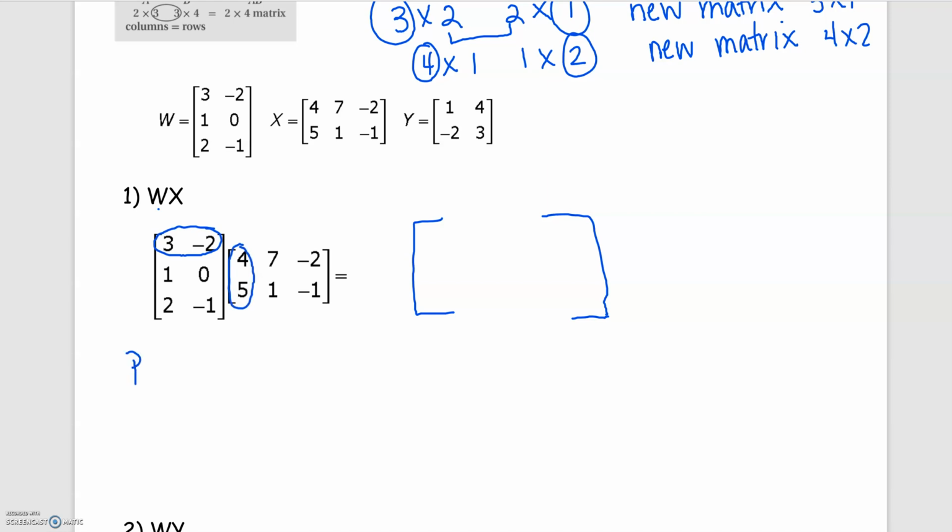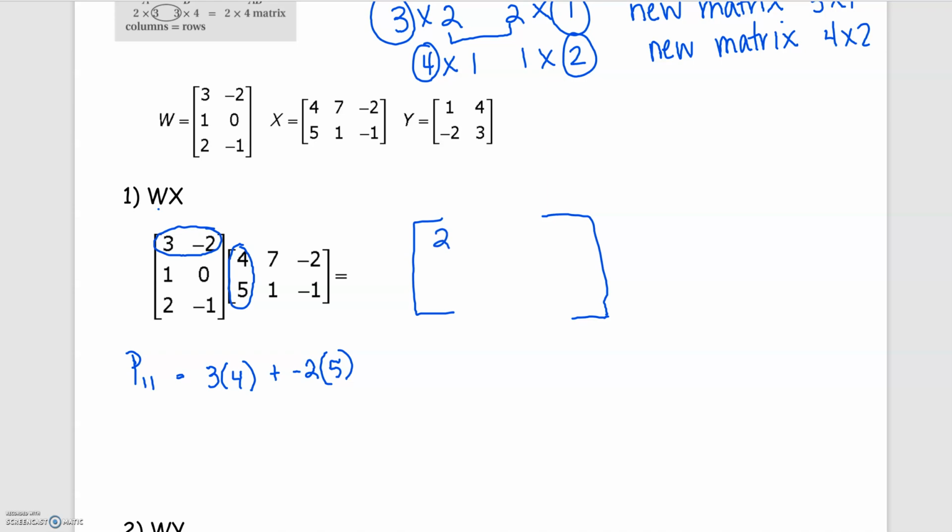So for the product of the first row and the first column, I'm going to have 3 first times 4, and then I'm going to add it to the second, -2, times the second in this column, 5. So 12 and then -10 is 2.